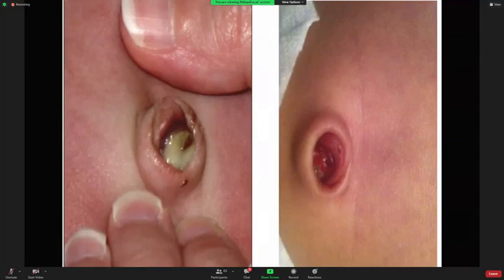Yellowish color, so maybe pus. Yeah, it looks like a purulent discharge, isn't it? And the second picture? The second one is a red color discharge, so I suppose it might be blood.